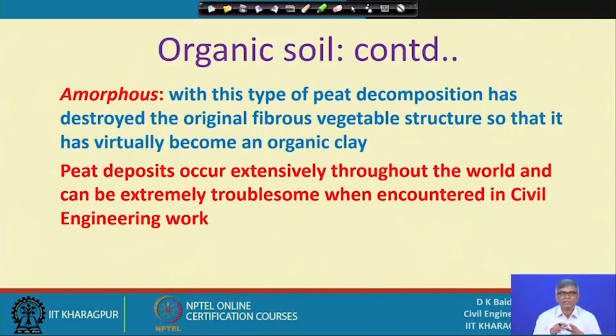The gravel is when the particle size is greater than 4.75 millimeter, and sand is between 4.75 millimeter and 75 micron, and 75 micron to 0.002 millimeter is the silt, and finer than 0.002 millimeter is clay. So, the amorphous organic soil is organic clay.